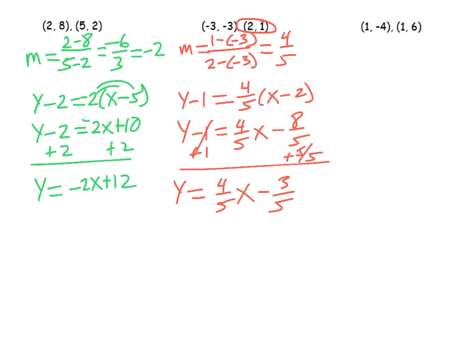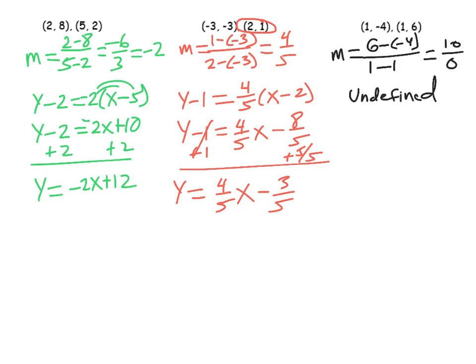All right, 1 to go. 6 minus -4 over 1 minus 1 is 10/0. That's an undefined slope. Here's what you should do.